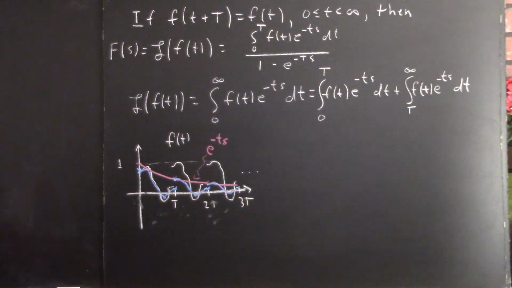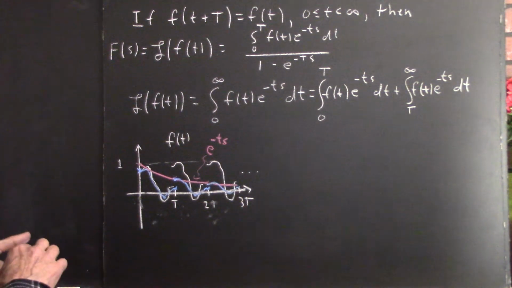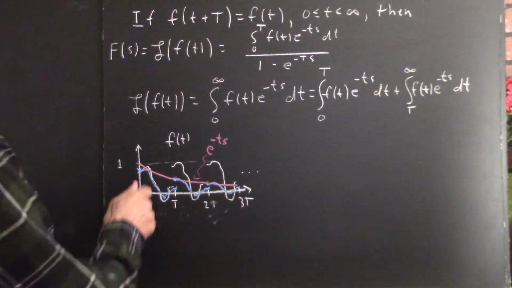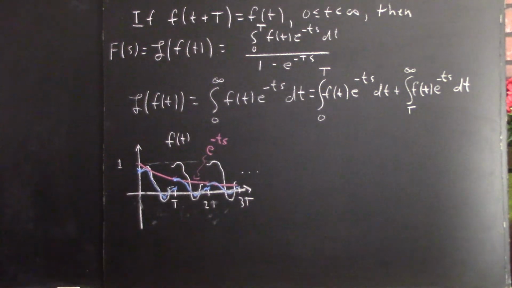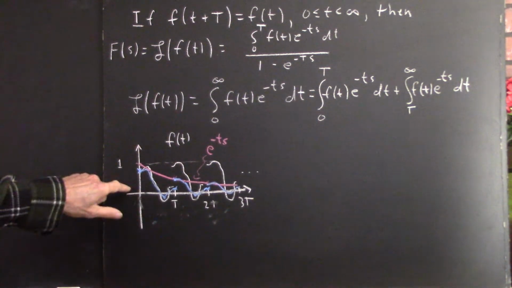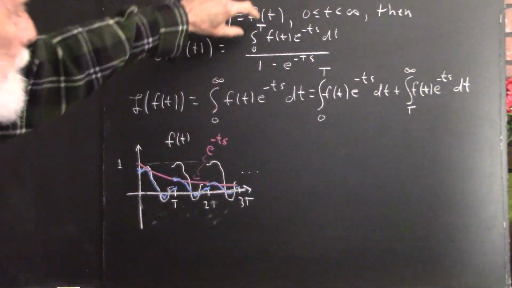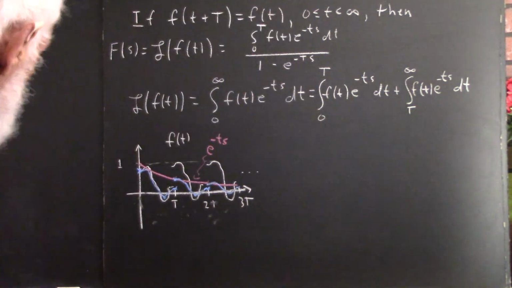Okay, if you then look at what we have, we have the first period. Now, assuming we can integrate this function from 0 to T, then we've got the top part of the integral.